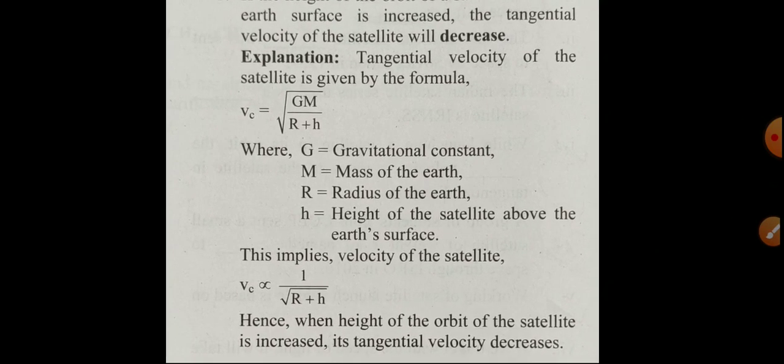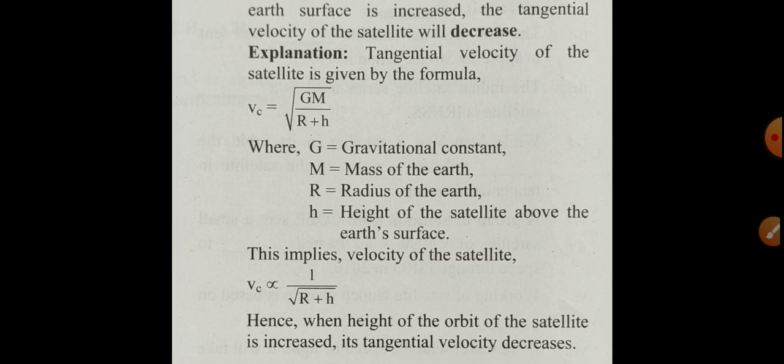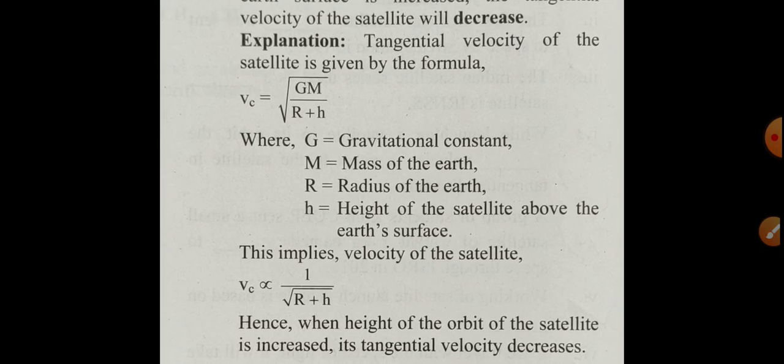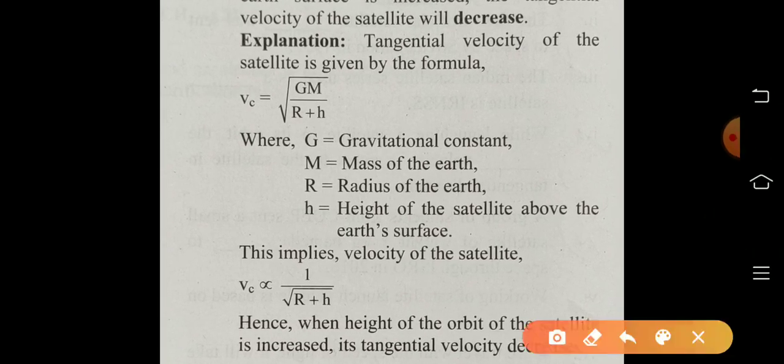What is the explanation given for this answer? The tangential velocity of the satellite is given by the formula Vc, the critical velocity, which is equal to the square root of GM upon (R plus h).